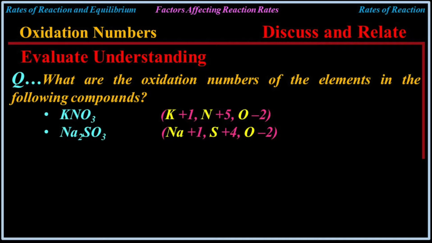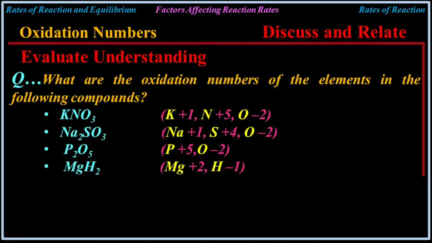You use that same technique: use the oxygen, and then the far left element would have a known oxidation number if it was ternary. The P2O5 would be -10, +10, so it would be phosphorus +5, etc.